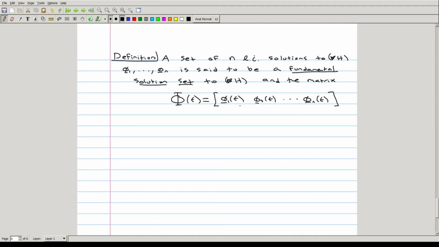Where the columns of this matrix are the fundamental solutions from the fundamental solution set. This matrix is called the fundamental solutions matrix, or the fundamental matrix.